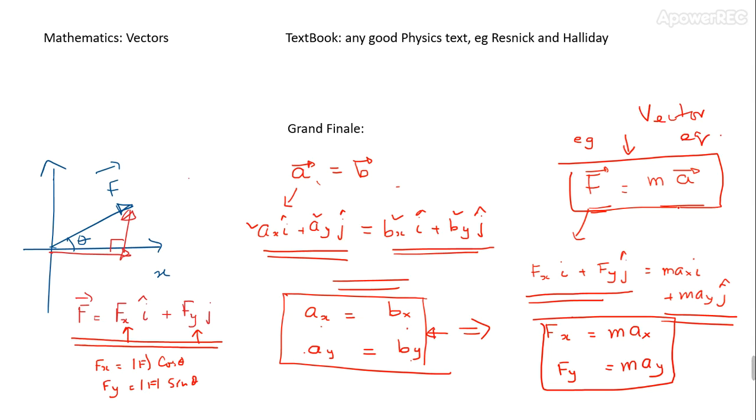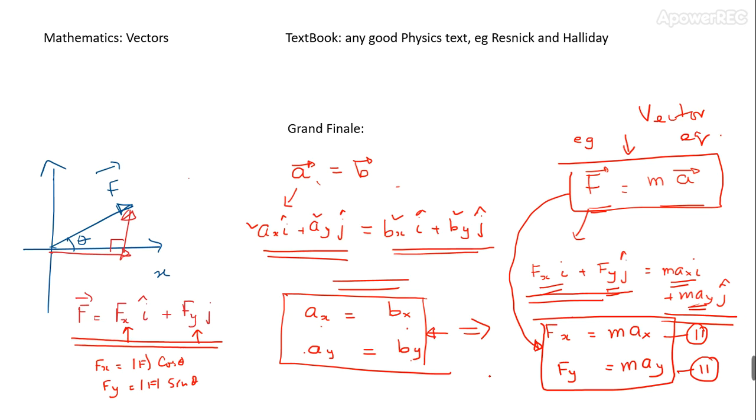Now in two dimensions, one vector equation like this is actually equal to two scalar equations. The reason there are two scalar equations is because the x component has to match with the x component and the y component has to match with the y component if the two vectors are equal.